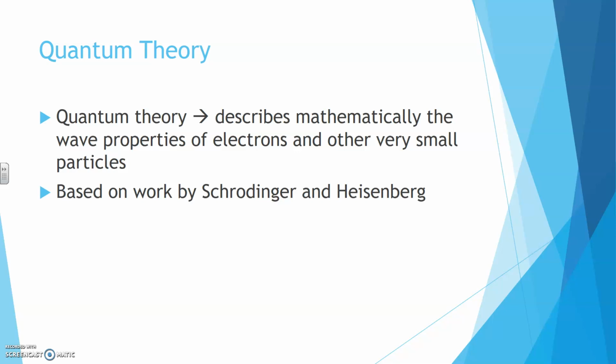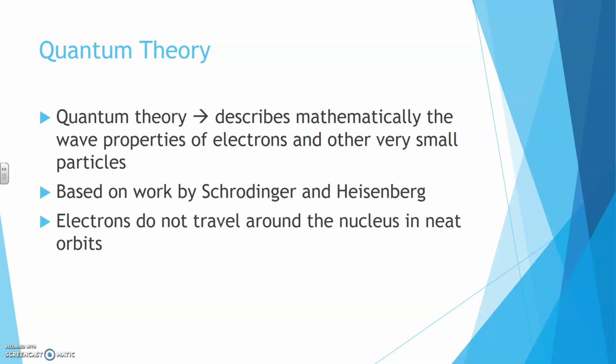Anyway, electrons do not travel around the nucleus in neat orbits. They can't, because they have that wave property that makes things a little funky. What Schrödinger and Heisenberg did was use mathematical models to map areas of probability of where it's most likely that you're going to find an electron around the nucleus.